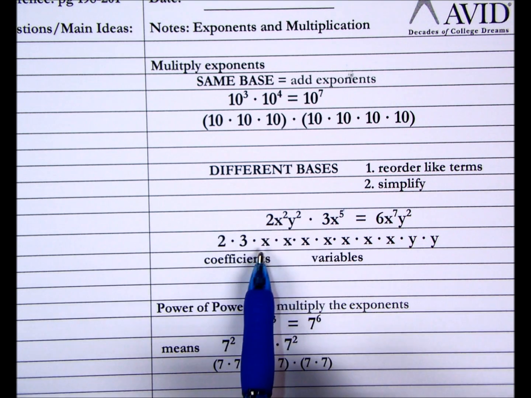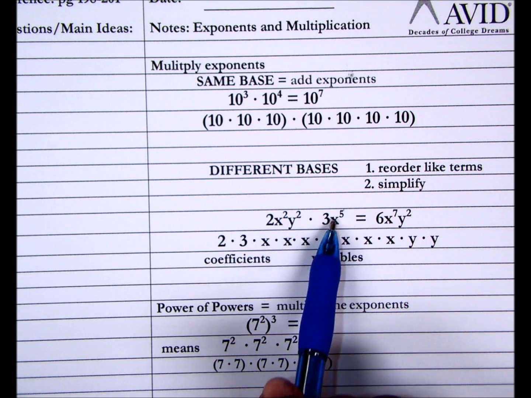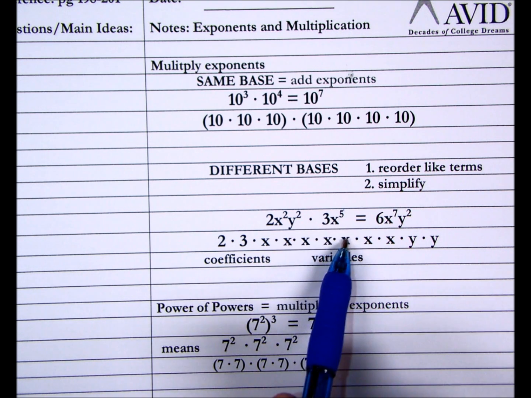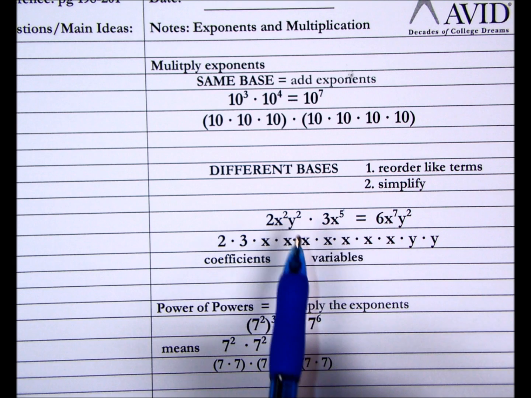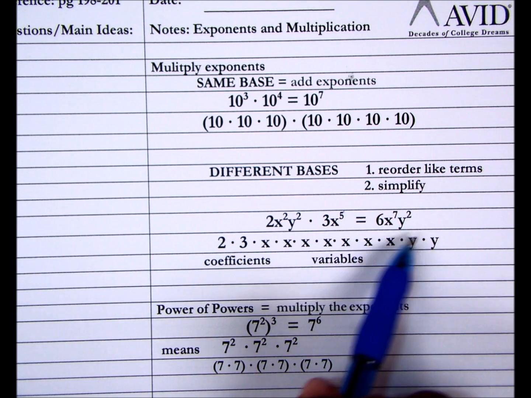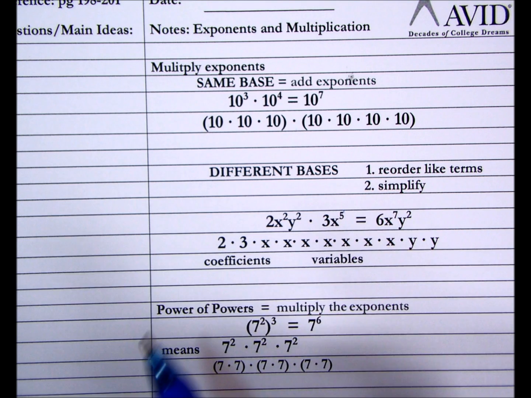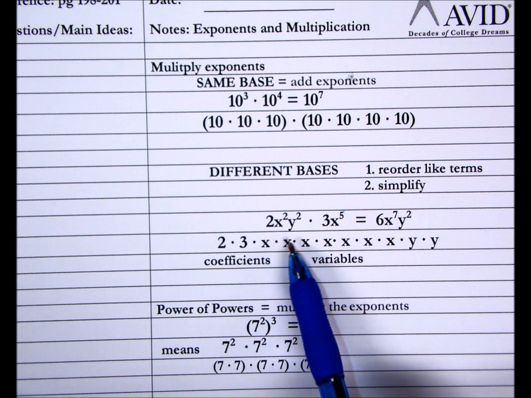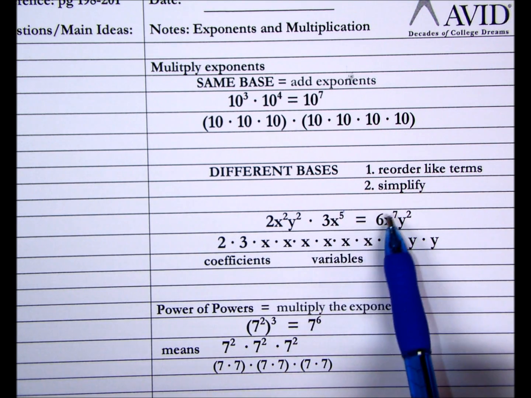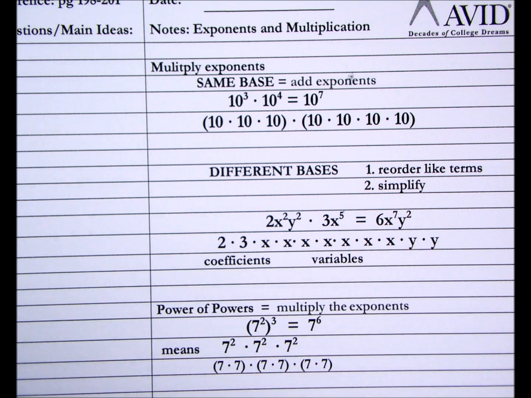Then we had 2 x's here, 1, 2. 5 x's here, 1, 2, 3, 4, 5. And 2 y's here, 1, 2. So then that's how we got it. 2 times 3 is 6. There are 7 x's, 1, 2, 3, 4, 5, 6, 7 x's, and still 2 y's. So the answer would be 6x to the 7th y squared.